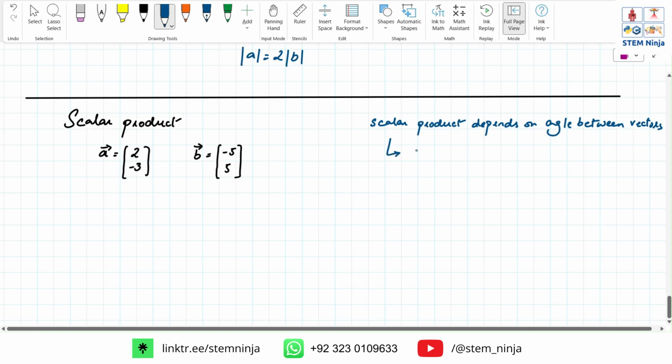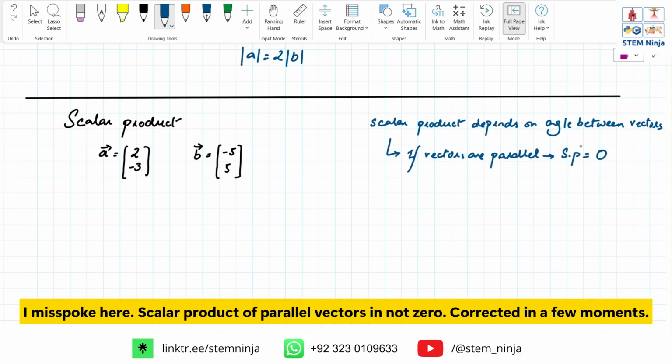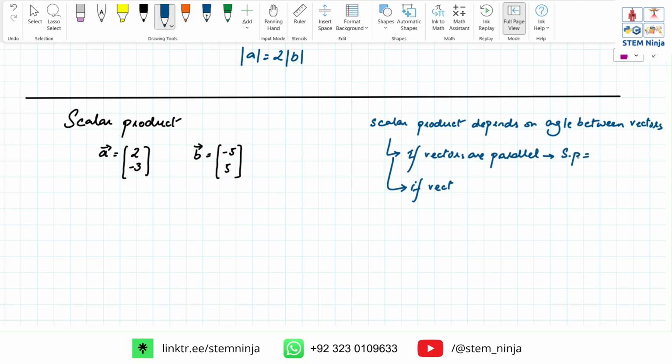So if the vectors are parallel, the scalar product would be non-zero. And if the vectors are perpendicular, the scalar product would be 0.